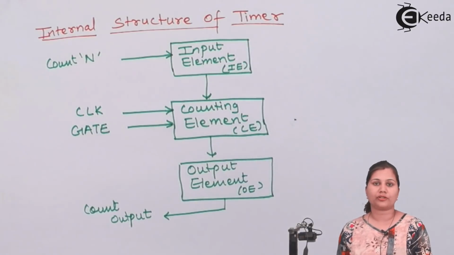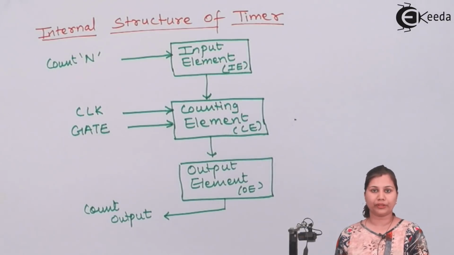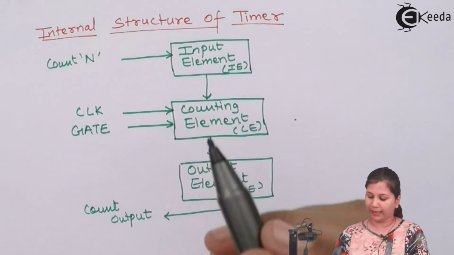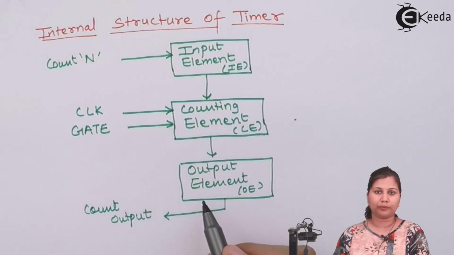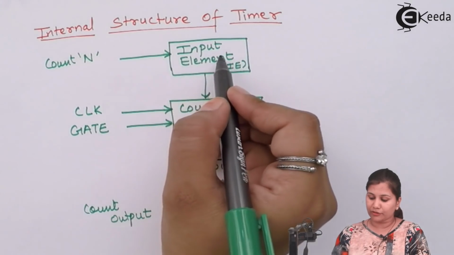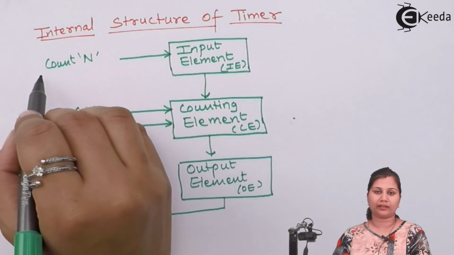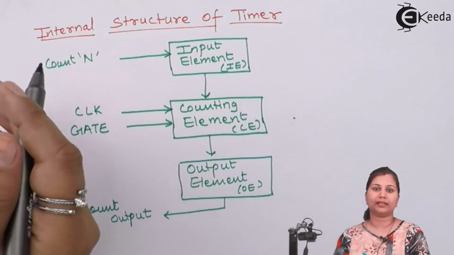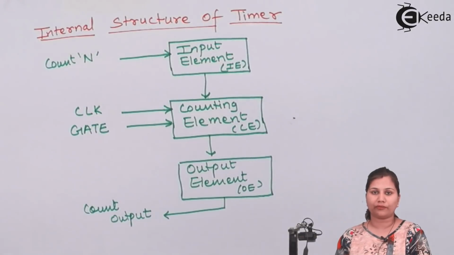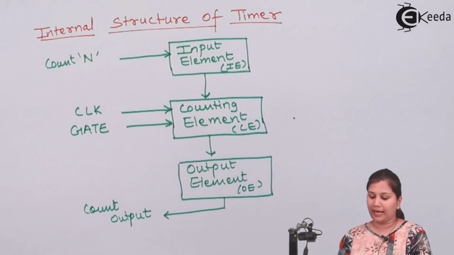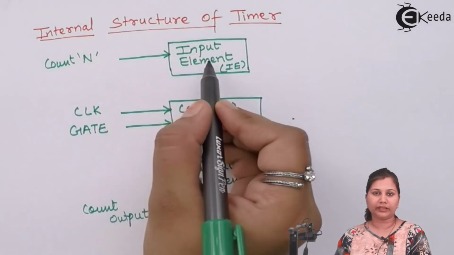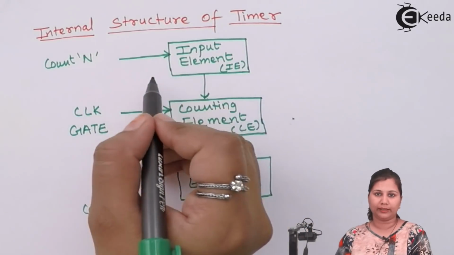The internal structure of the timer consists of 3 elements: the input element, the counting element and the output element. The function of the input element is to get the count, which is loaded by the central processing unit of the microprocessor. The microprocessor provides the count through the data bus buffer, and that count will be loaded into the input element of the timer.